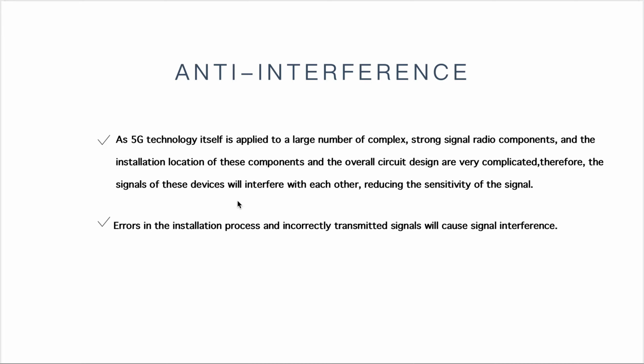And at the same time, errors in the installation process in correctly transmitted signals will cause signal interference. So the technology of anti-interference must be considered during the engineering process, and there must be major plans for the interference situations.